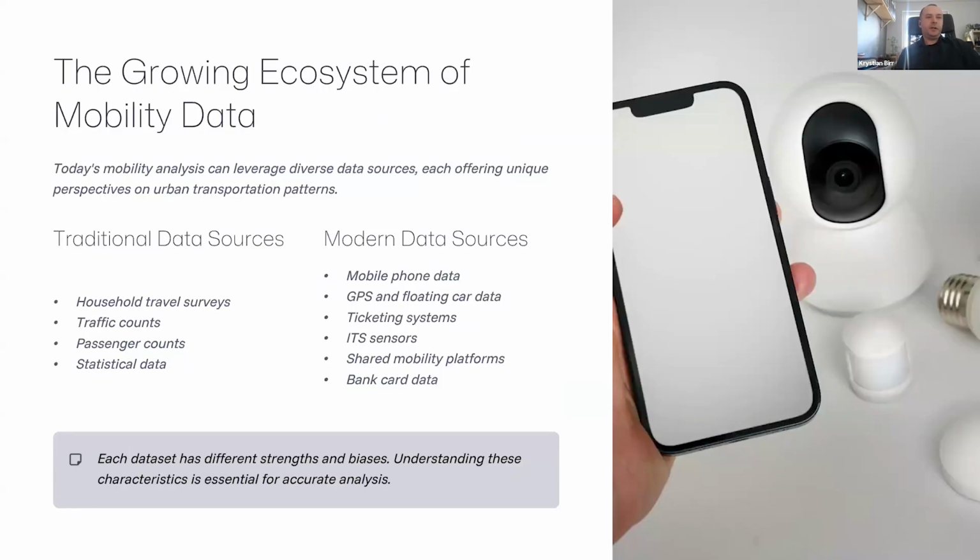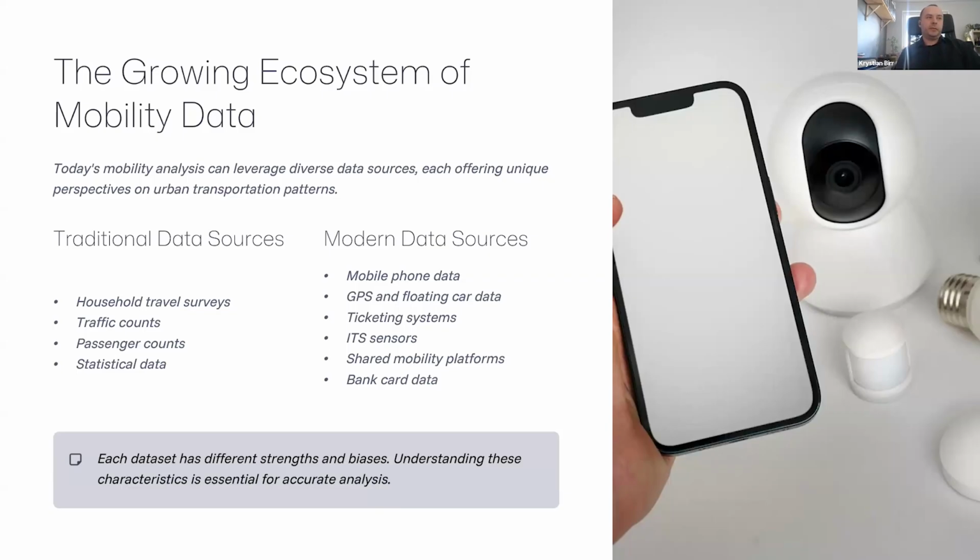And now we have really great times when we can collect that data from very different sources. We have traditional data sources like household travel surveys, which I think is the best source about trips realized by our residents.